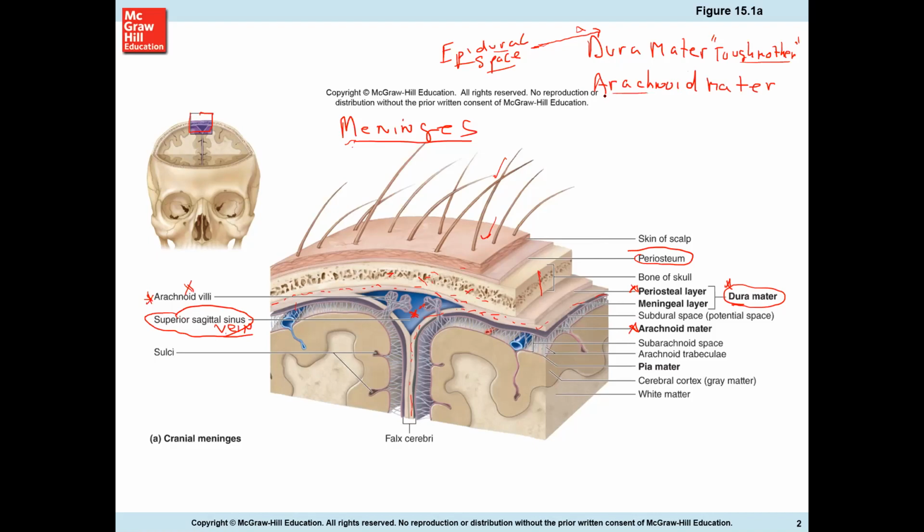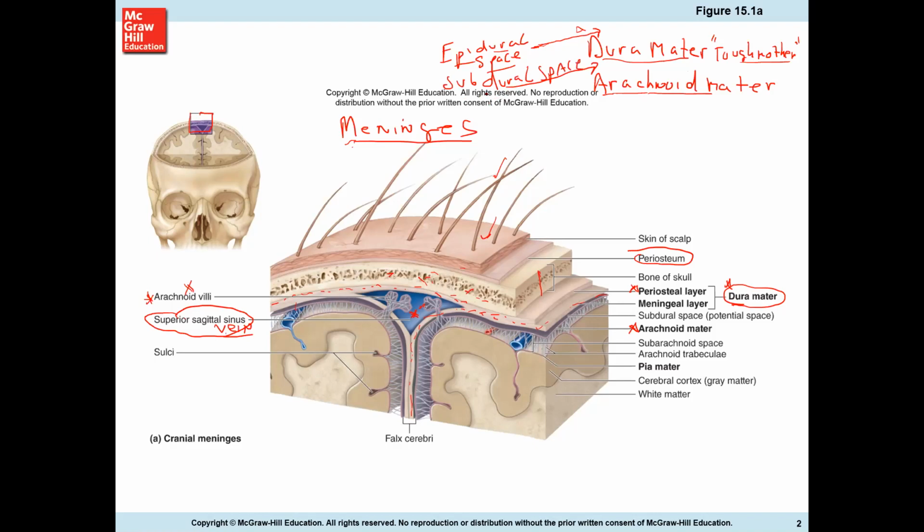So there's a lot of blood vessels involved in the arachnoid mater. I'm going to tell you something important about the arachnoid mater in a second, but let's go to the space first. The space between the dura and the arachnoid is called the subdural space.